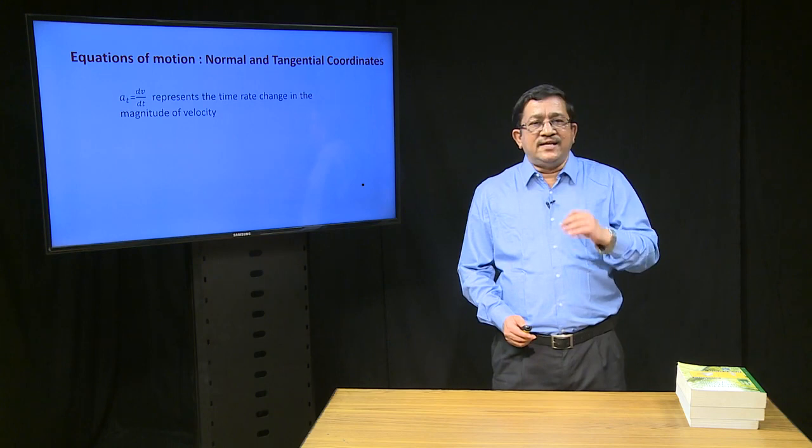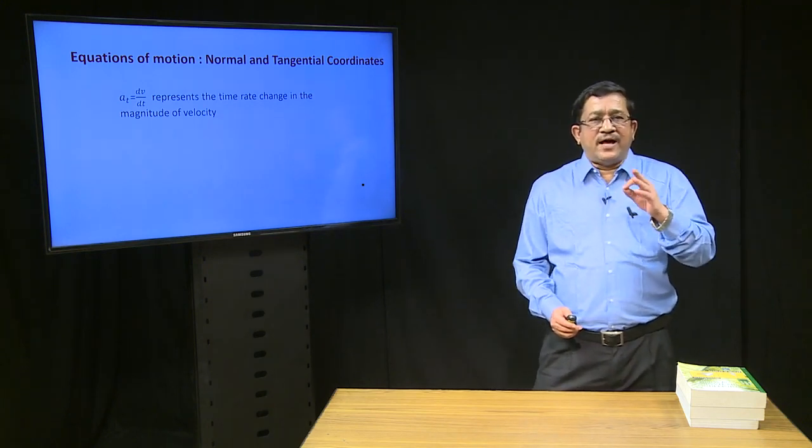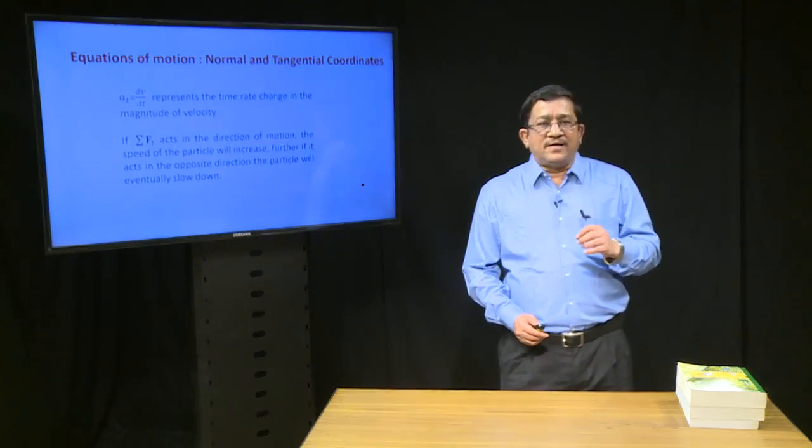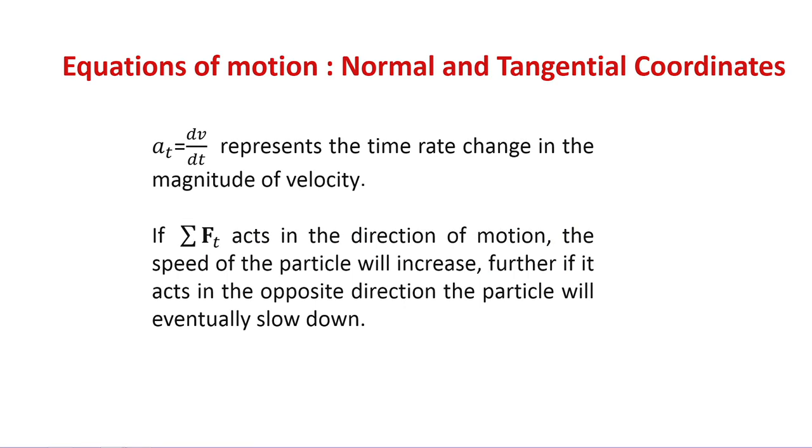So, if summation of F_t acts in the direction of motion, the speed of the particle will increase. Further, if it acts in the opposite direction, the particle will eventually slow down. So, this is another important realization.